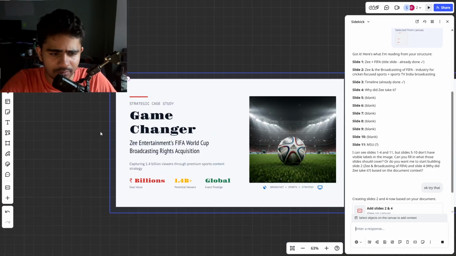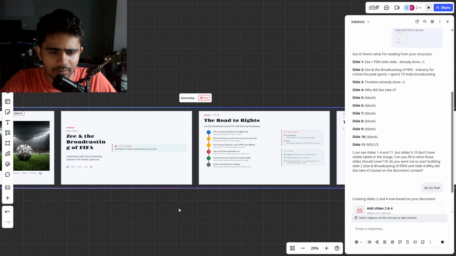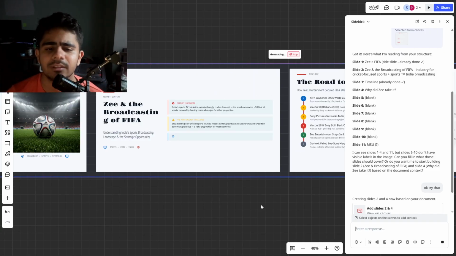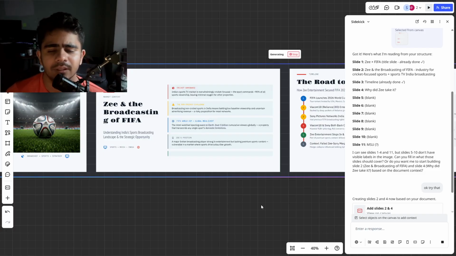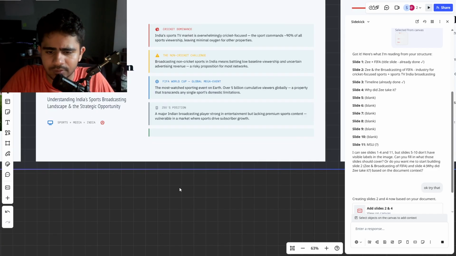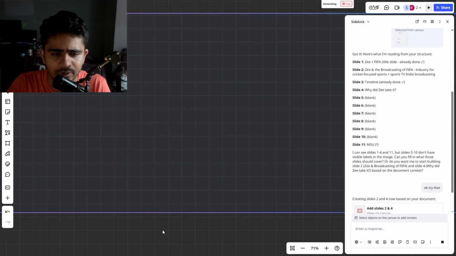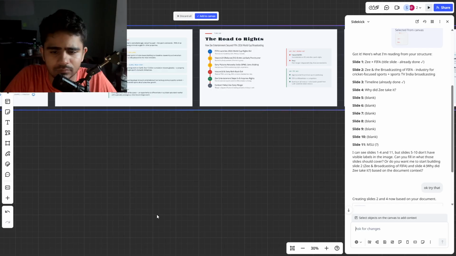Okay, capturing. This is the timeline. India sports. Understanding India's sports command 90% of all sports worship. Okay, wow. Sports media, India. A major Indian broadcasting player, strong in entertainment but lagging behind in sports content, vulnerable to market by sports. The most watched sport in India, wow.